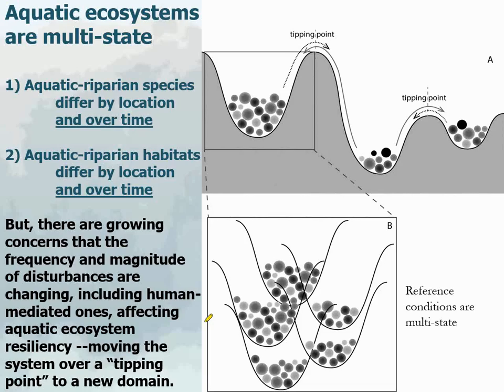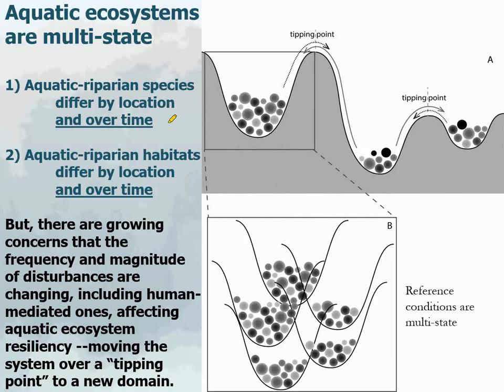So back to this figure, not only do we see that these aquatic systems are multi-state because you have different species in different places, but you may have species differing over time in different places because of these disturbance regimes.